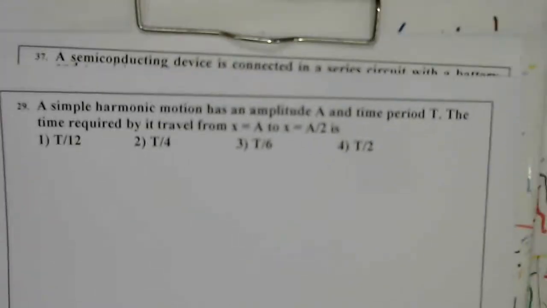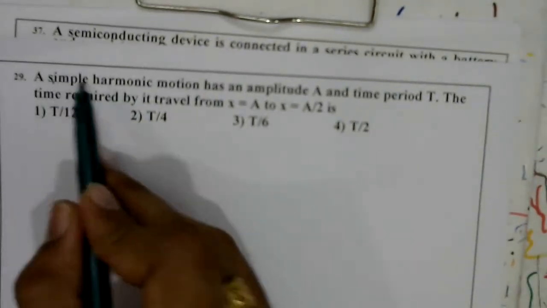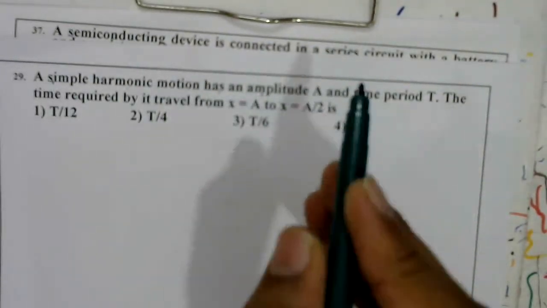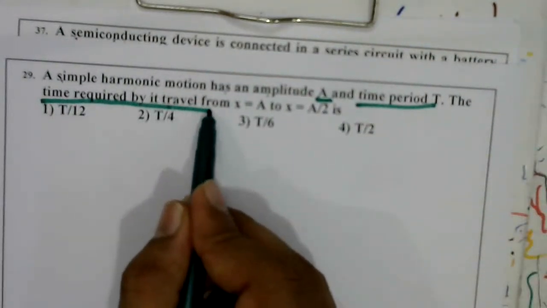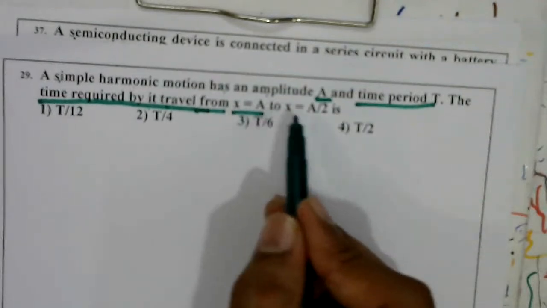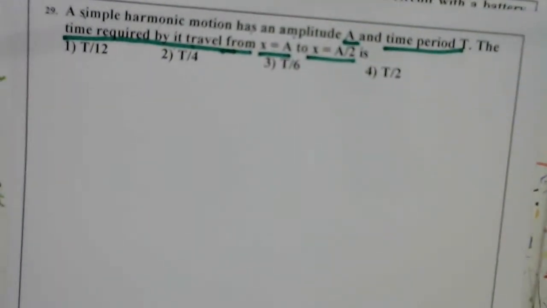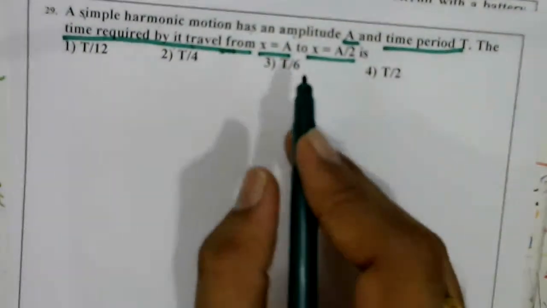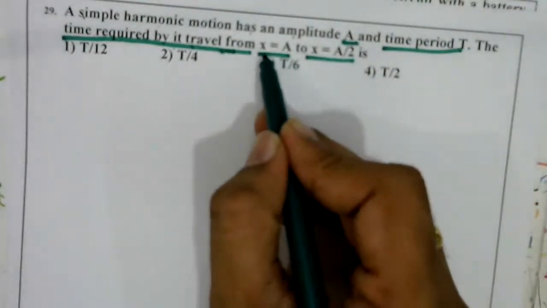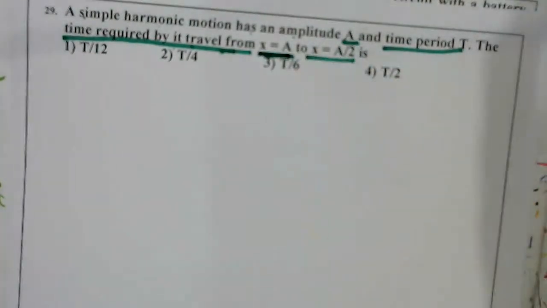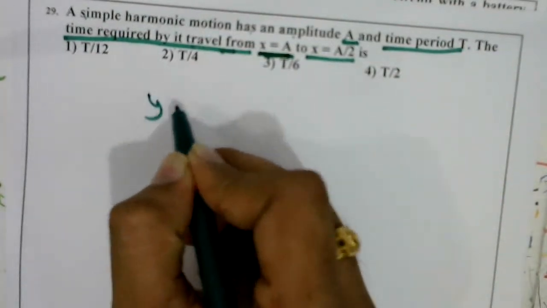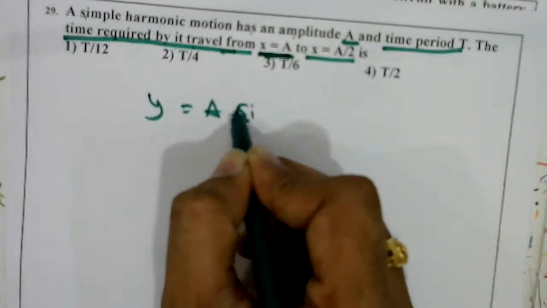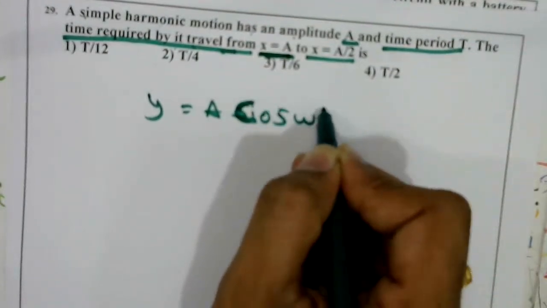Next, question number 29. A simple harmonic motion has amplitude A and time period T. Find the time required for it to travel from x equal to A to x equal to A by 2. Does the particle start from the mean position or the extreme position? Extreme position, because x equal to A is the maximum. If the particle starts from the extreme position, you take y is equal to A cos omega t.